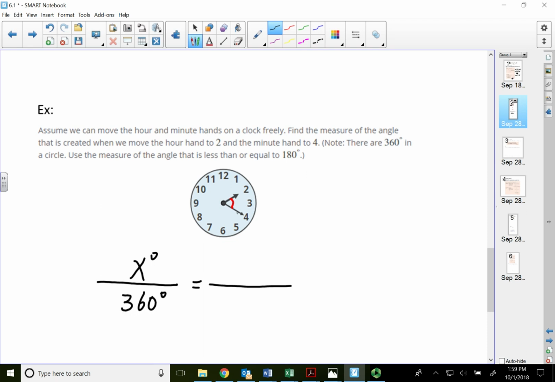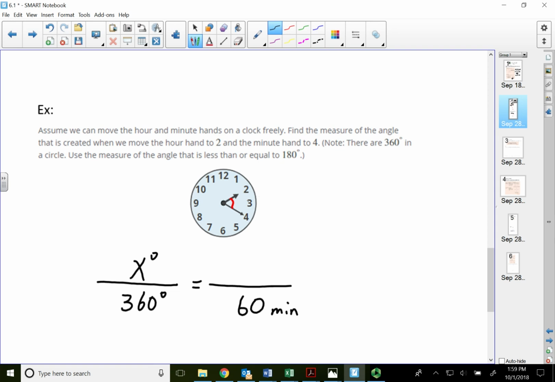At the same time, when I move my minute hand all the way around, the whole clock in 1 hour is 60 minutes. So 360 and 60 minutes mean the same thing. 360 degrees means the whole entire circle, and 60 minutes means 1 hour.